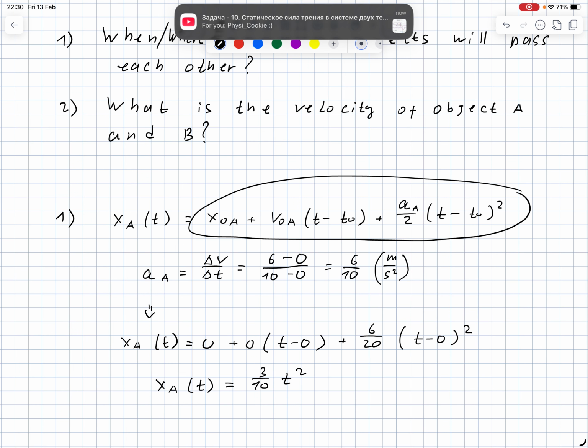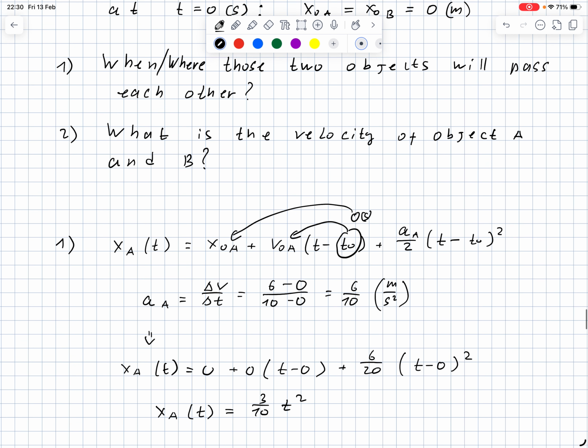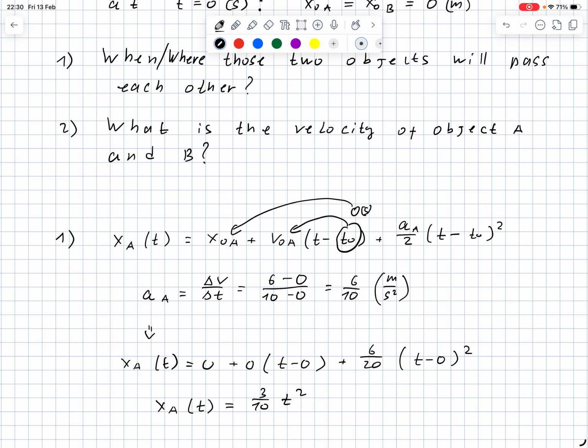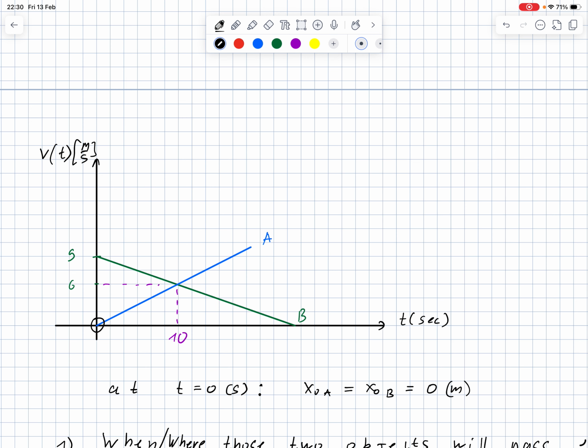Now, okay, I know the position at time 0 seconds of object A. Also, when I look at the graph of velocity, I can say that I know the initial velocity, which is 0 meters per second.